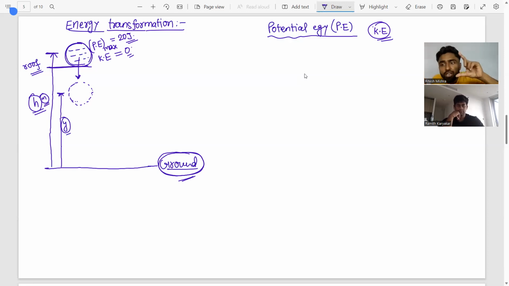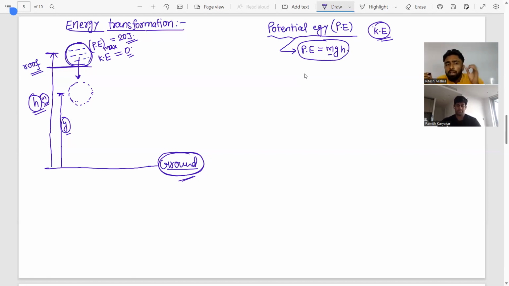When the distance is large, the formula for potential energy is mgh. What is h? h is the distance, the height. And what is m? Mass of the body.